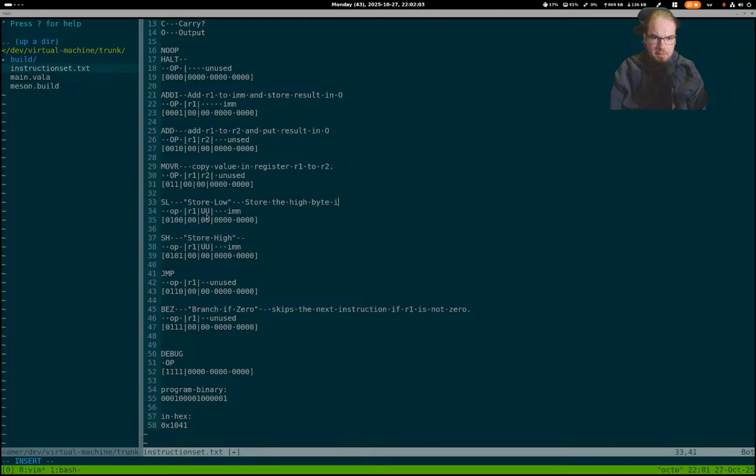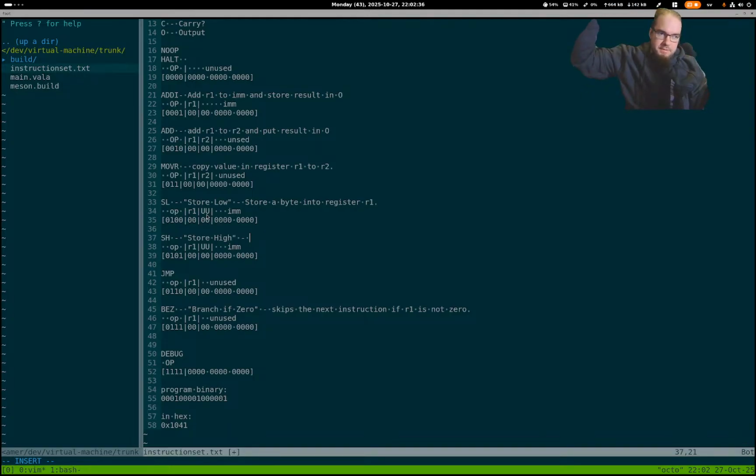Store the high byte into register R1. Yeah, that's basically it.